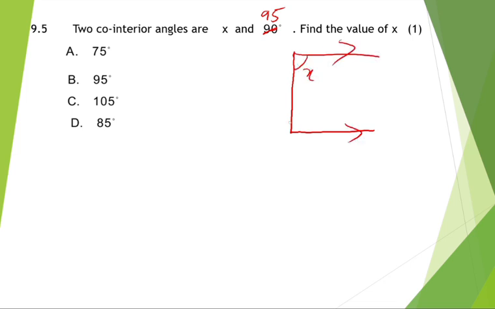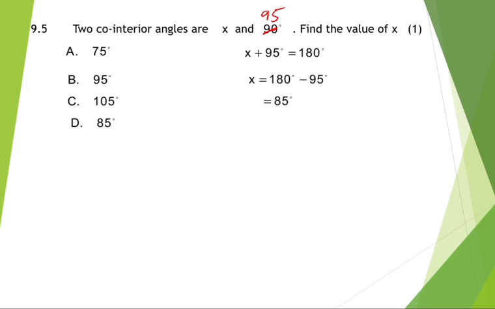So that's X, and this one is 95. So X plus 95 is equal to 180, because they are co-interior. So X is equal to 180 minus 95, which is 85. So the correct option is D.